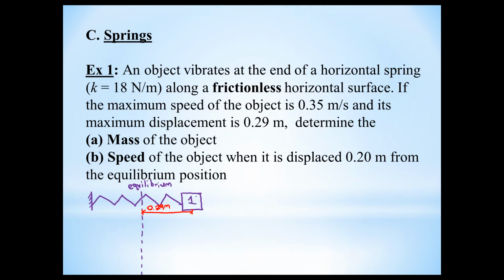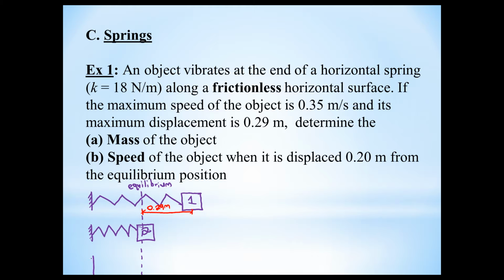Okay, we're going to call that state 1. So we let go. This thing's going to pass through equilibrium. So maybe it looks something like this. So we'll call that state 2. So at equilibrium, the spring's not stretched at all. And then we also have a third state we're going to worry about.